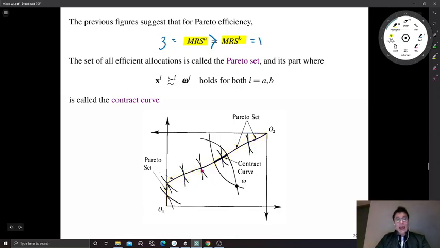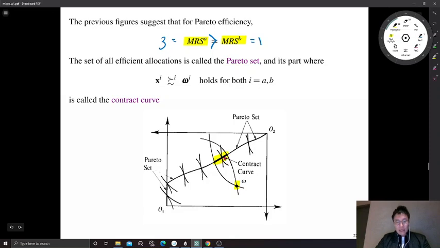And the one part of the Pareto set where both consumers prefer allocation X to their endowment is called the contract curve. The way to identify the contract curve is, here is the initial allocation, the allocation before the exchange. We draw two indifference curves like this, and now the contract curve indicates this portion.